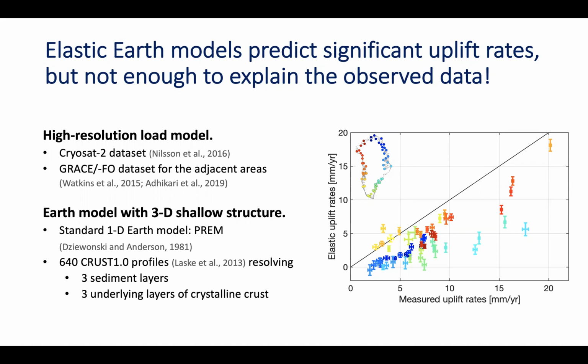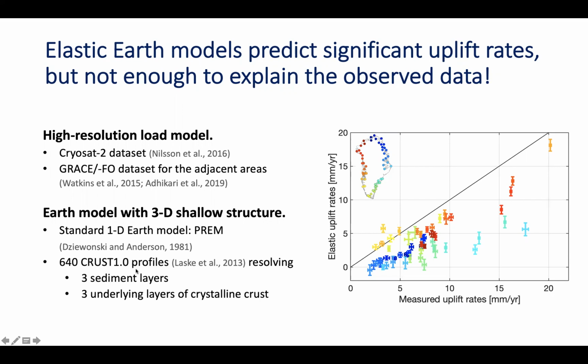As for the Earth structure, we primarily rely upon the standard one-dimensional Earth model, PREM, the preliminary reference Earth model. But we know that the short wavelength signals of the displacement field are really impacted by the shallow part of the crust, so we try to capture the impact of three-dimensional structure in the shallowest part of the crust, for which we use the CRUST 1.0 data set.